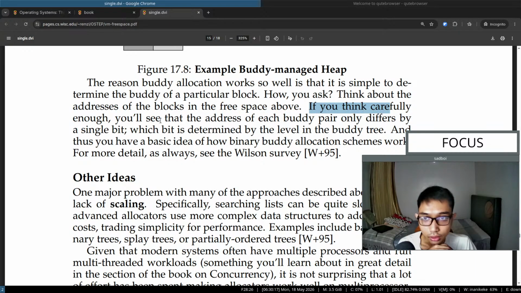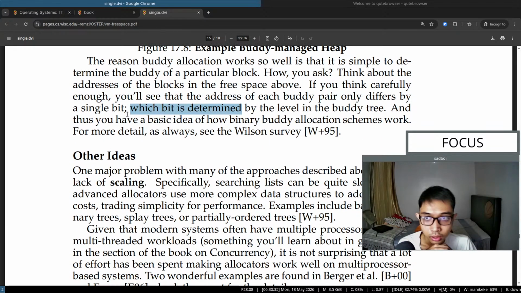If you think carefully enough, you will see that the address of each buddy pair only differs by a single bit. Which bit is determined by the level of the buddy tree. And thus you have a basic idea of how the binary buddy allocation scheme works. Oh, that's why it is called binary buddy allocation, because we divide the space by 2, maybe something like that.